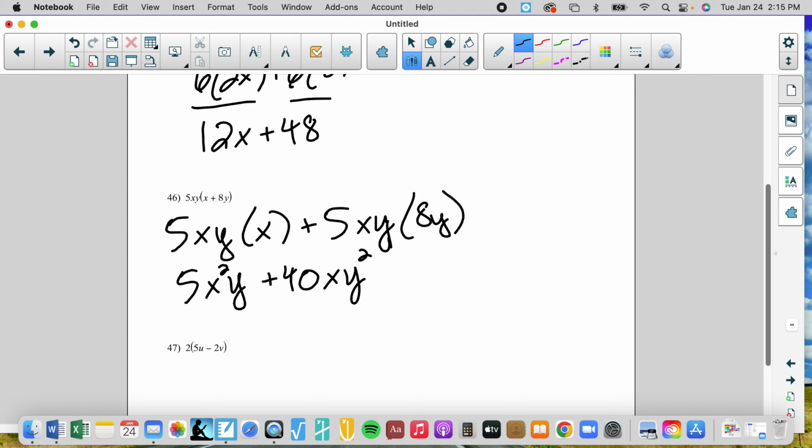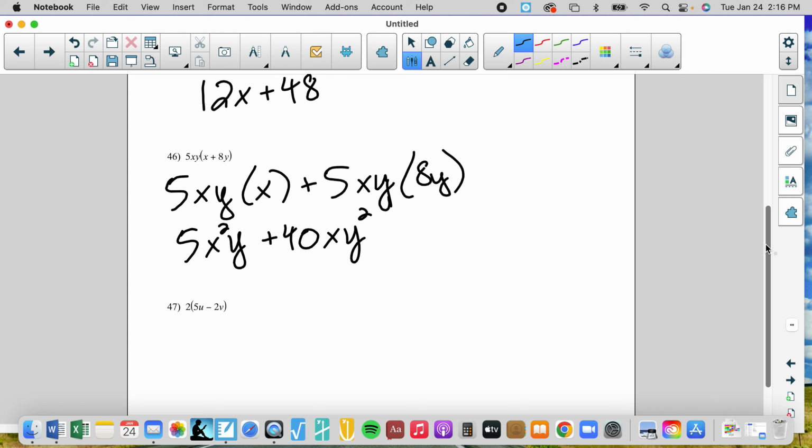Now, some students didn't know, there were a couple situations here with 46. Some students thought that they were like terms. They're not like terms. You look at the first variable in the term. That's x and x. Okay, they're the same. And now we have to look at the exponents. That's x to the second and x to the first.